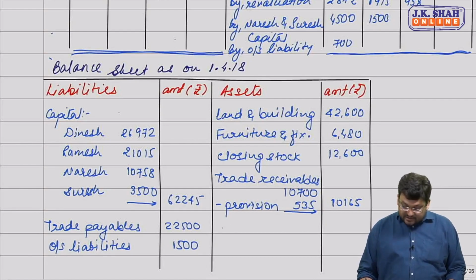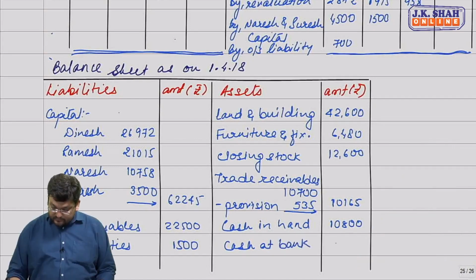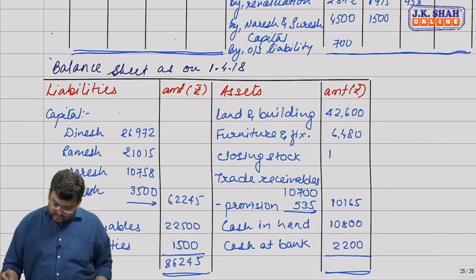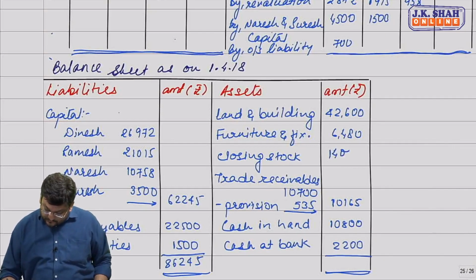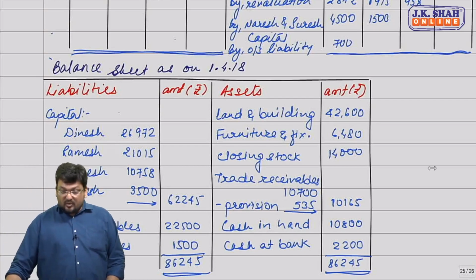Finally, cash in hand is 2,800 plus 8,000 brought in by new partner, 10,800. Cash at bank will remain at 2,200. Stock was increased to 14,000. So 86,245 is total of balance sheet. Clear? So pause and copy.